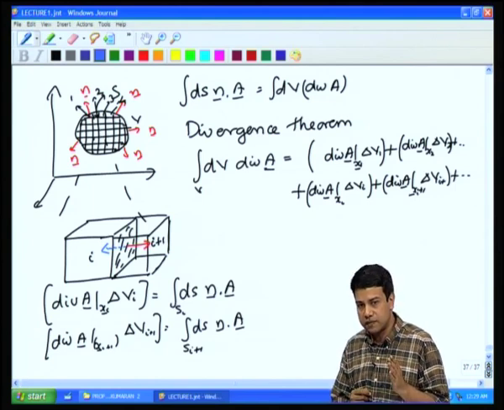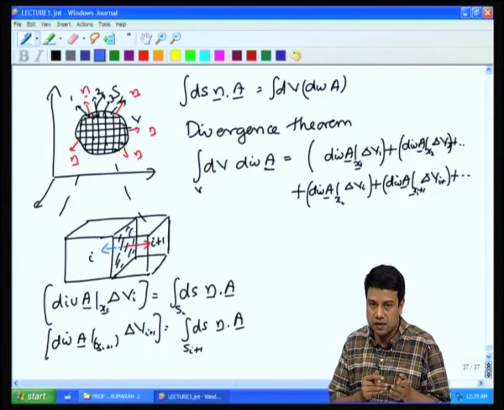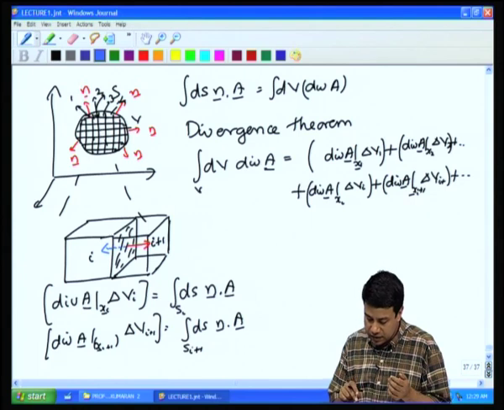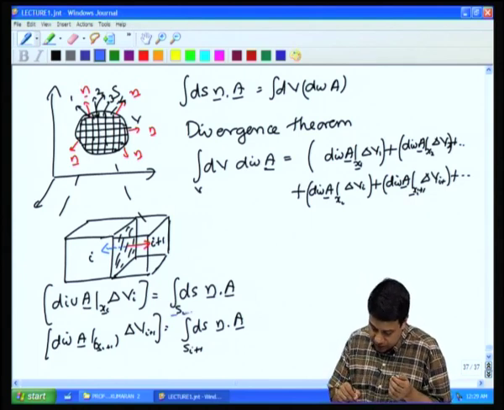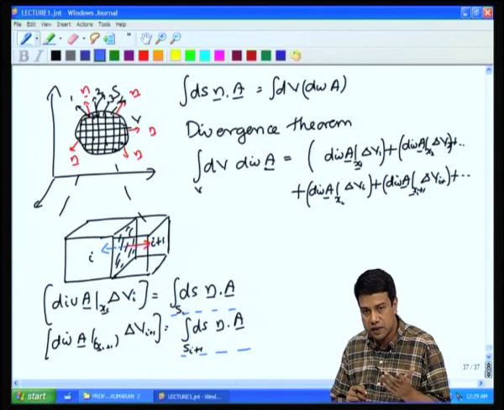For the volume I, the outward unit normal is in the right direction. For the volume I plus 1, the outward unit normal is in the left direction. Okay. So, on this common surface, this integral ds n dot A, for these two, it is equal in magnitude, because A is the same, unit normals are in opposite direction.